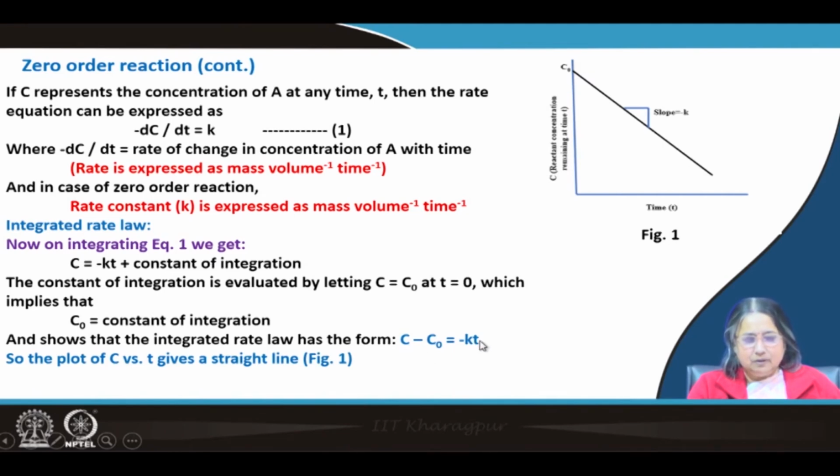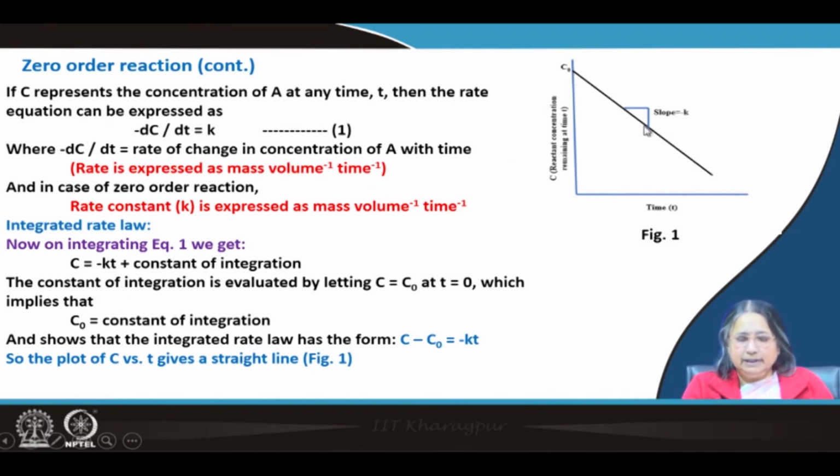If we plot C versus t, how will the curve look? With t on the x axis and C on the y axis, because it is the reactant concentration, it will have a negative slope.